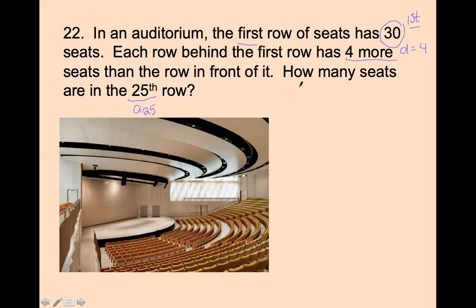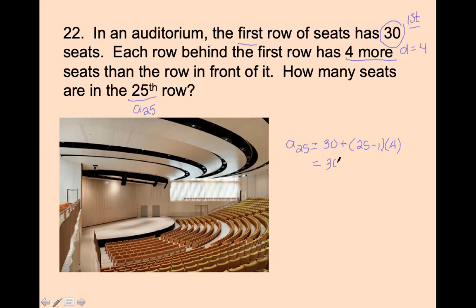All right, so using our pattern, we'd have a sub 25 is equal to a sub 1, which is 30, plus n minus 1, which in this case is going to be 25 minus 1, times the common difference, which is 4. There's 4 more seats in each row.